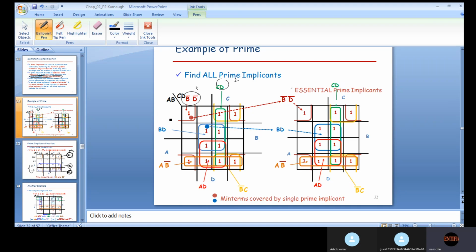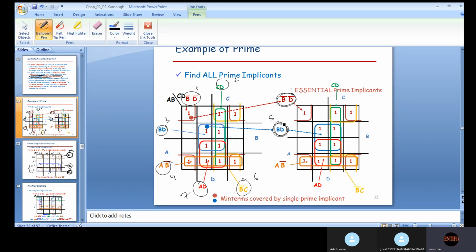And here 3, 4. And here you also have 5 min terms, 6. There are 7 groups, 7 min terms. Out of this 7, BD as well as what is this? B bar, D bar.